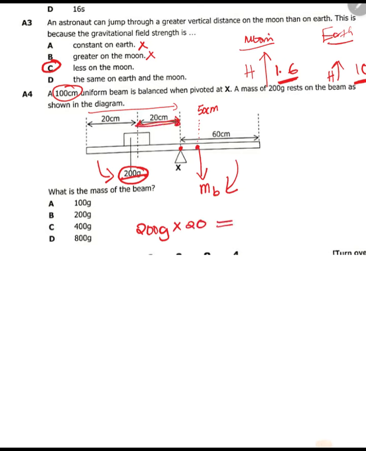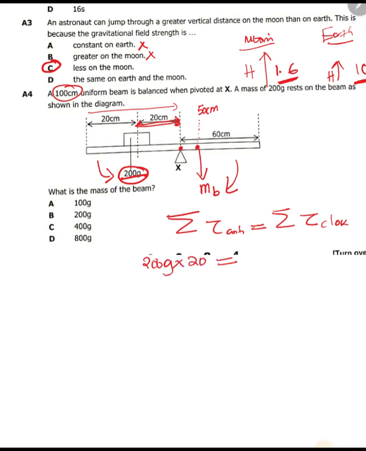So we're using the principle of moments now, which is this: the sum of anti-clockwise moments is equal to the sum of clockwise moments. So we have 200 grams multiplied by 20 centimeters is equal to the clockwise moment. We have the mass of the beam MB, multiplied by the distance from the pivot.